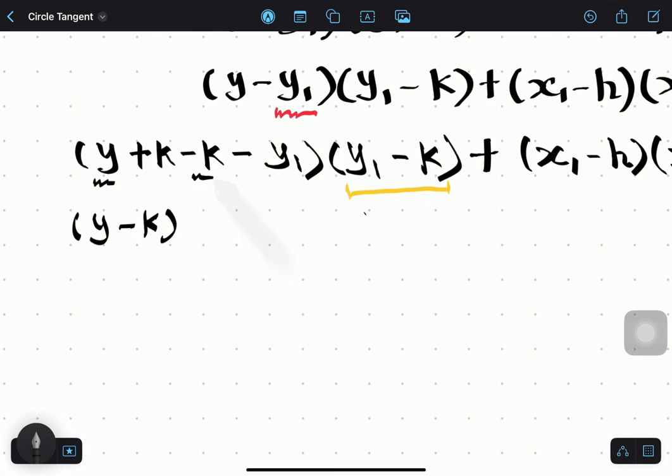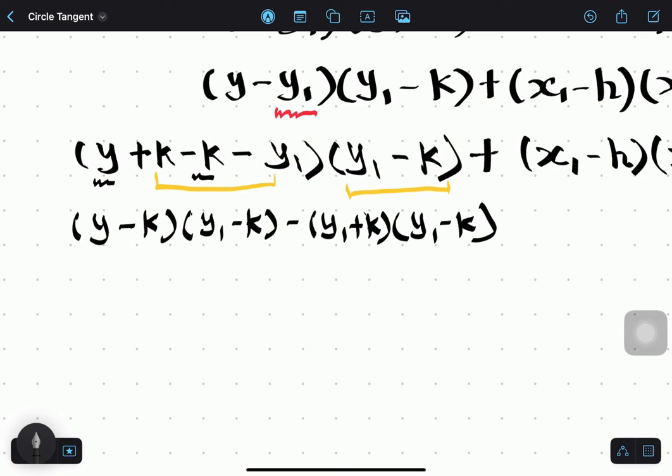So I plus k, I subtract k, I group it into one group and factorize the like terms. So this is y minus k times y1 minus k, and then it's negative y1 plus k times y1 minus k.